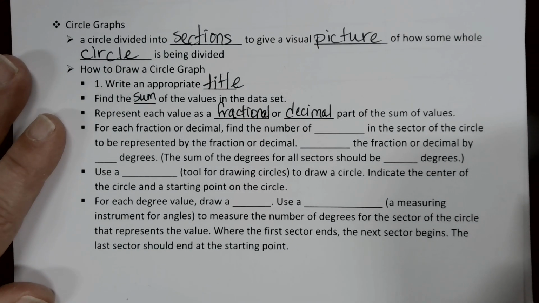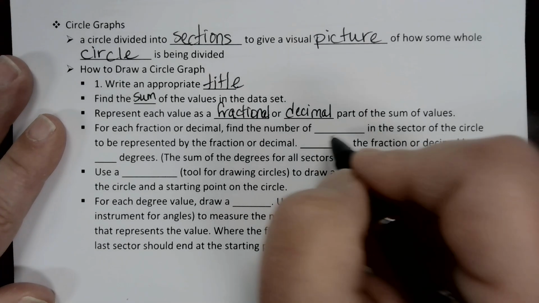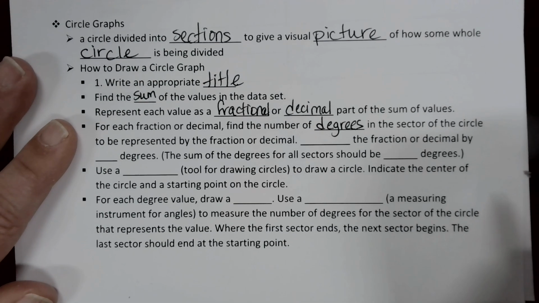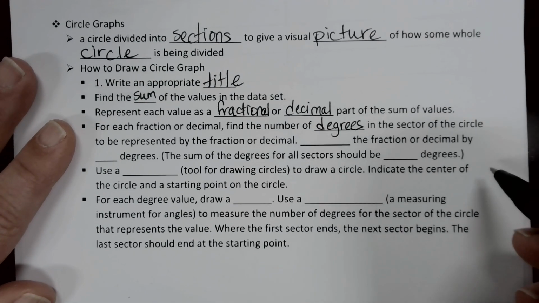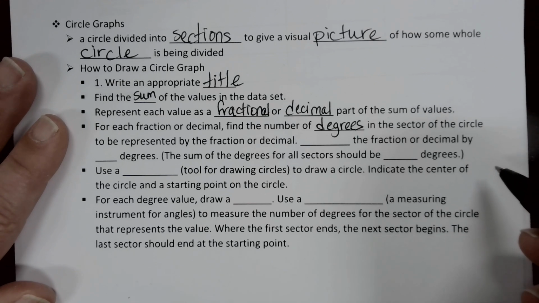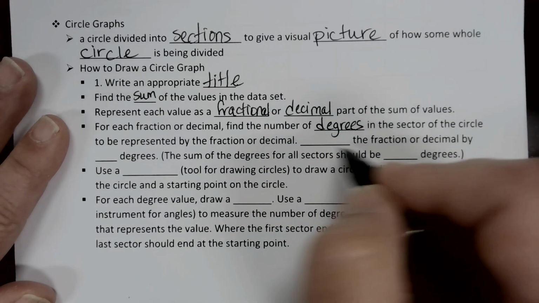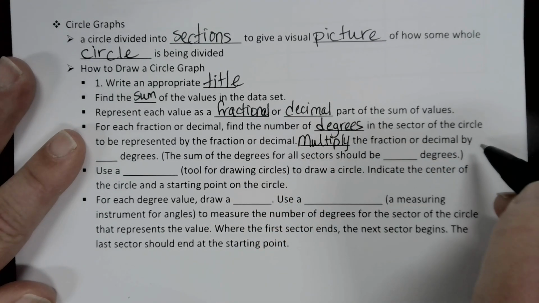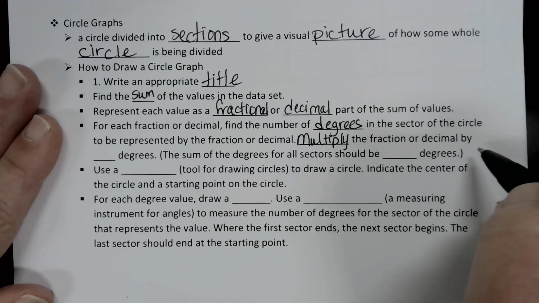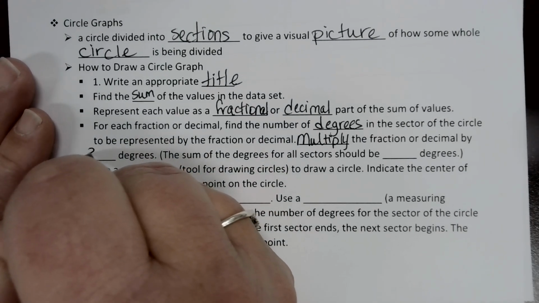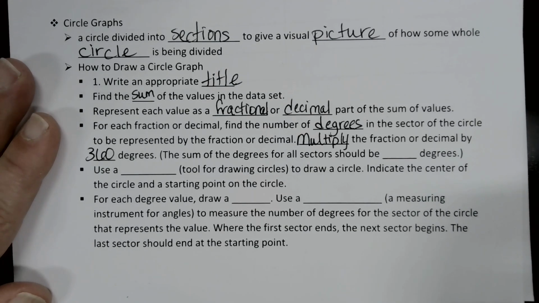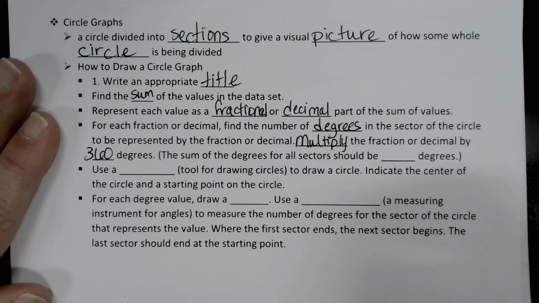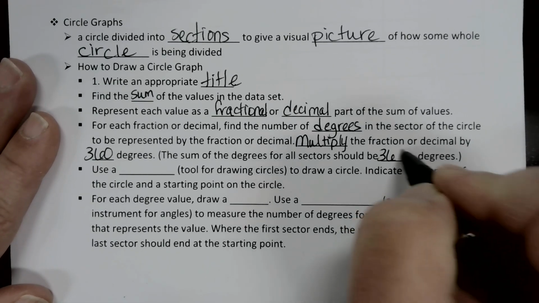For each fraction or decimal, we find the number of degrees that correspond with that in the sector of the circle to be represented by the fraction or decimal. Okay, we take that fraction or decimal and we multiply it by how many total degrees in a circle? 360 degrees. The sum of the degrees for all sectors should be 360 degrees.